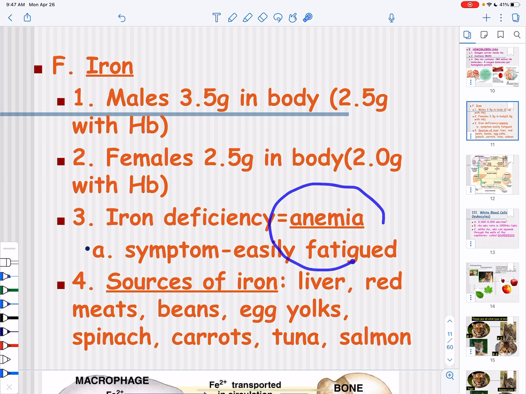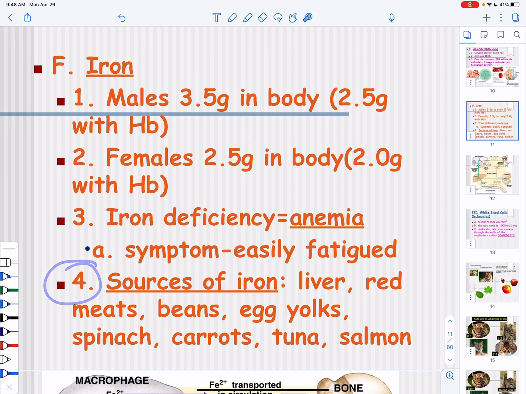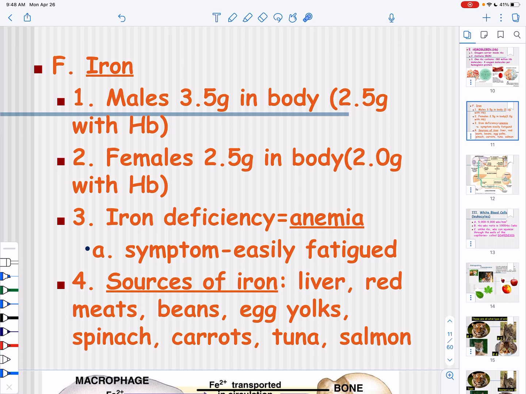Anemia is when you do not have enough iron in your diet, and therefore you don't have enough oxygen and you feel tired. You consume the oxygen you have very quickly, and you don't feel well, okay? So if you're ever anemic, the first place to go is to your carrots and spinach and beans, okay? You want to avoid animal products in large quantities, right?